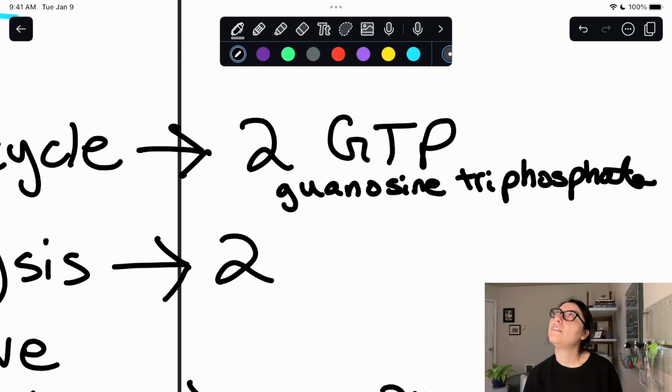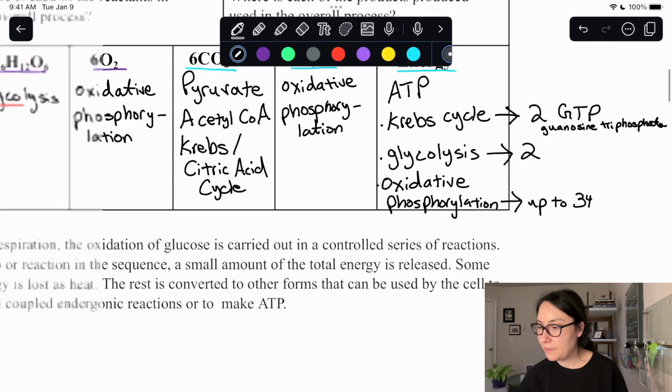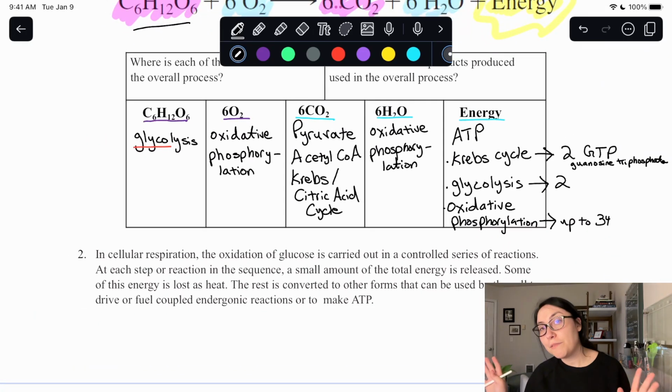Adenosine, thymine, and then thymine turns into uracil, and then cytosine is in the DNA phase, guanine is in both. So guanine is where this comes from. It's one of our chemical building blocks of life. So that was a lot of time spent for such a small thing, so we're going to try and get through the rest of this, I swear.